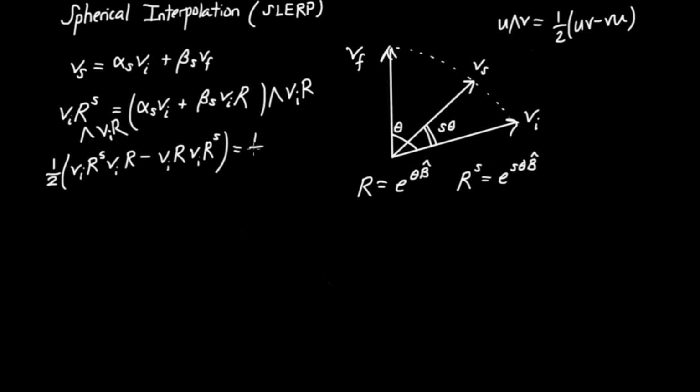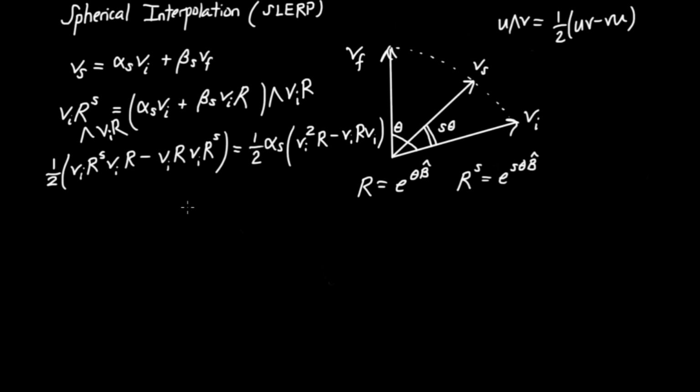And on the other side, I don't have to consider this first term here, because this is going to wedge out. So this is going to be 1/2 alpha sub s times (VI times VI R, or VI squared R, minus VI R VI).